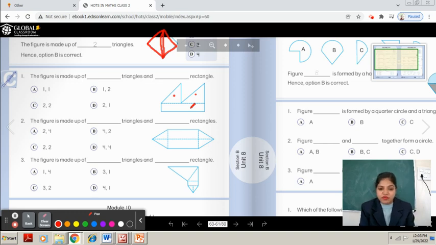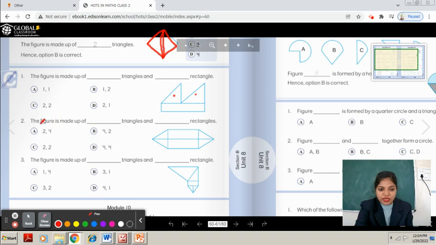Okay, now tell me, what are the properties of a rectangle? In a rectangle, are all the sides equal or not? No. Very good. Because in a square, all the sides are equal, but in a rectangle, opposite sides are equal. So, there is one rectangle and two triangles.